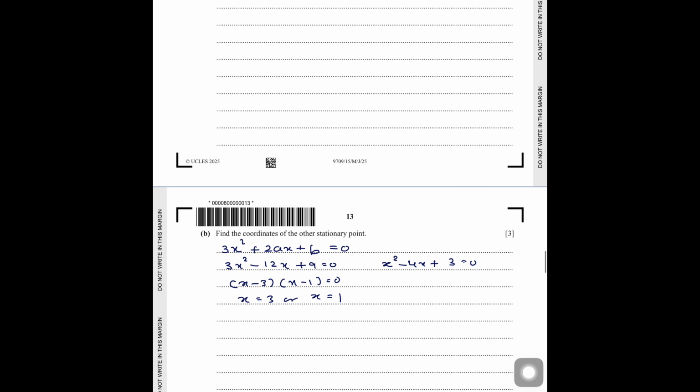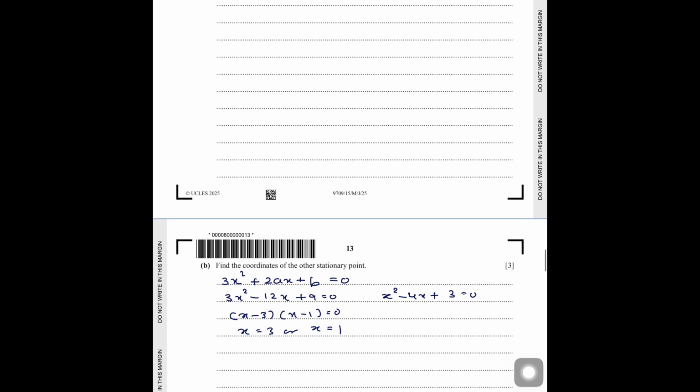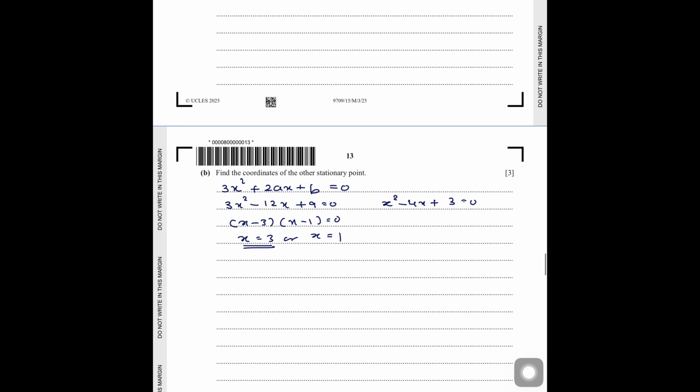So x is 3 or x is 1. I know one of the stationary points was 1, 9. So the second point is when x is 3. So if x is 3, what's the y coordinate?